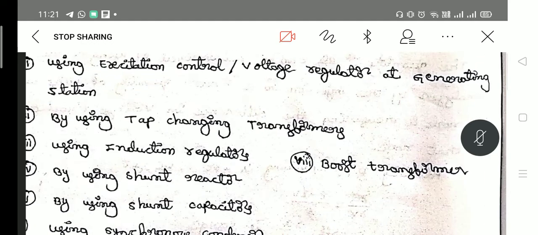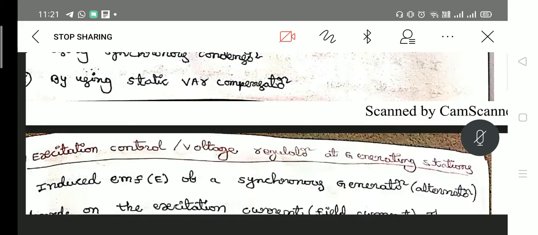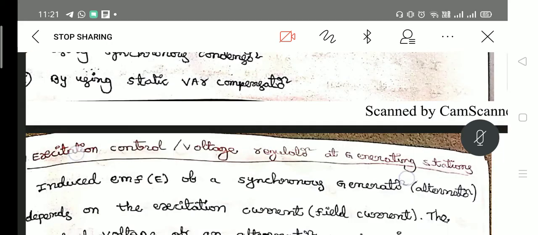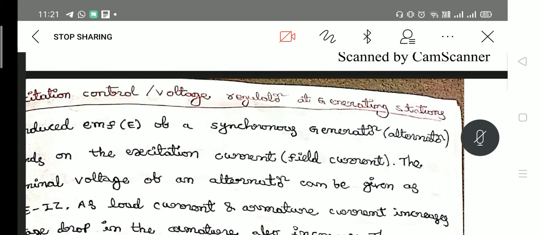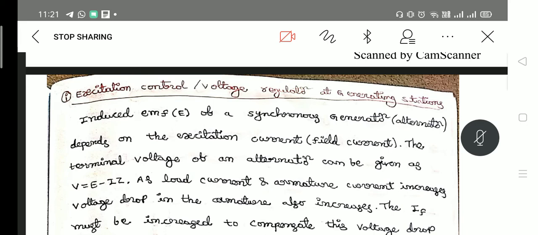First we discuss using excitation control or voltage regulator at generating station. In this, the synchronous generator depends upon the excitation current.